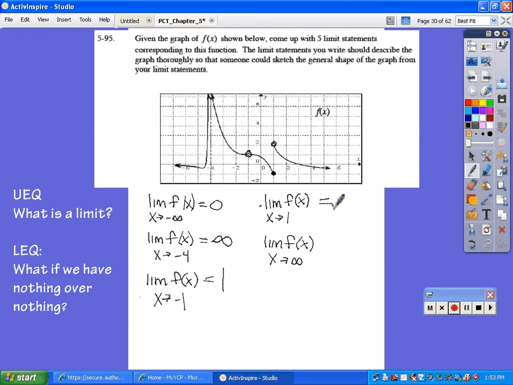In this case, approaching 1 from the left, 1 from the right, I do not meet. So the limit does not exist. And finally, approaching positive infinity, it does appear as though this is going to level off. So it might level off at negative 1, it might be negative a half. Your guess is as good as mine, negative 1 will be sufficient.